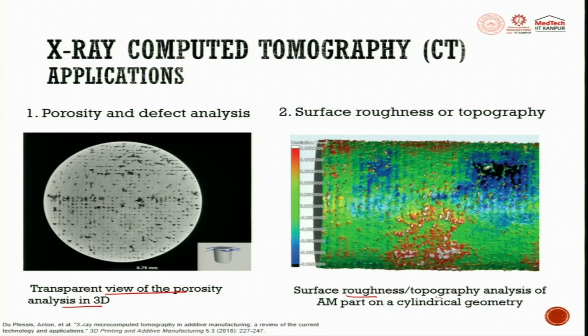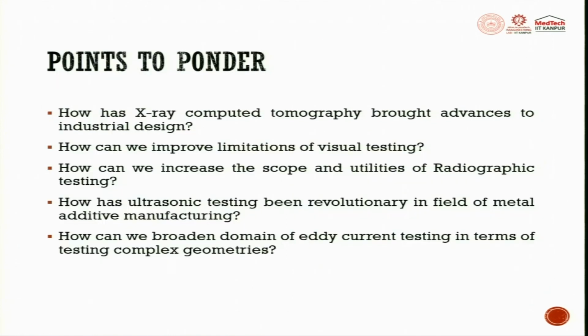Then surface roughness and topography analysis of an additive manufactured part on a cylindrical geometry using X-ray computed tomography. So, with this the discussion on the contact and the non-contact methods is completed.